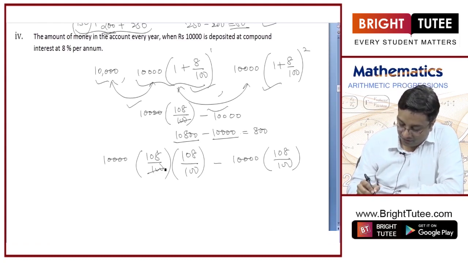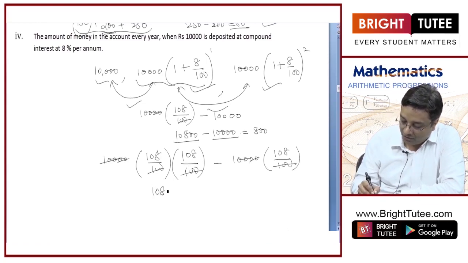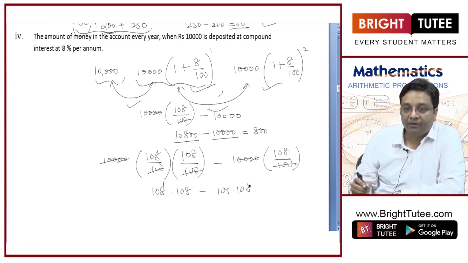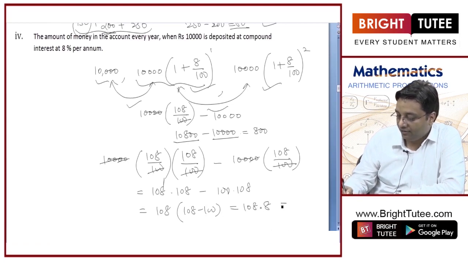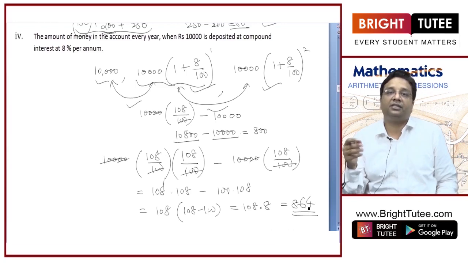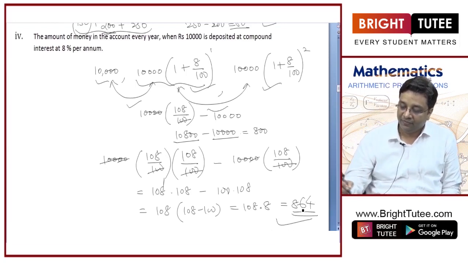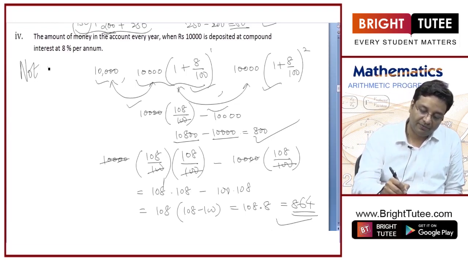So if I cancel out 2 zeros from here, I just have to subtract 108 into 108 minus 100 into 108. You can take 108 as common, 108 minus 100. So it will become 108 into 8, which is now very simple to calculate, right? So 864 is the difference between third term and second term, which is not the same as second term and first term. So yes, this is not an AP, right?